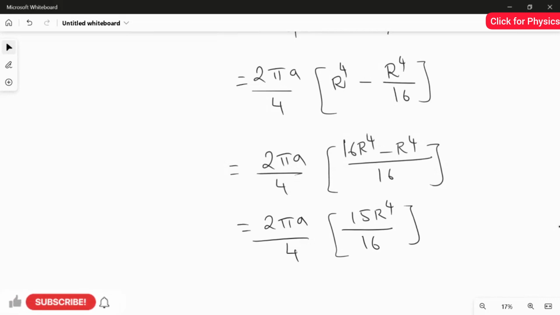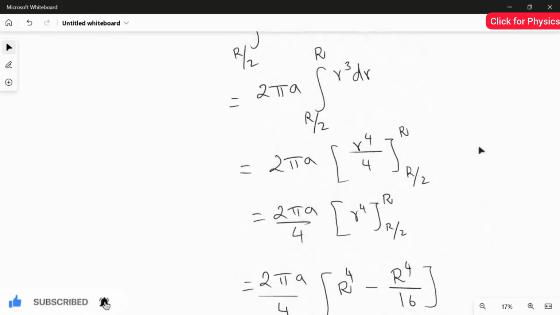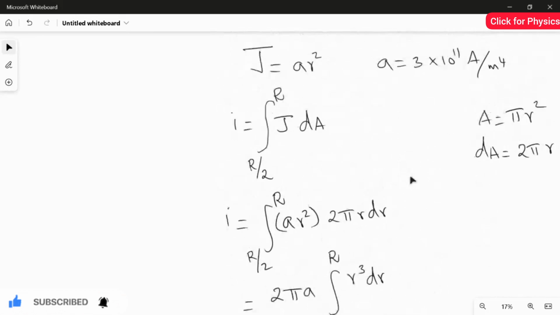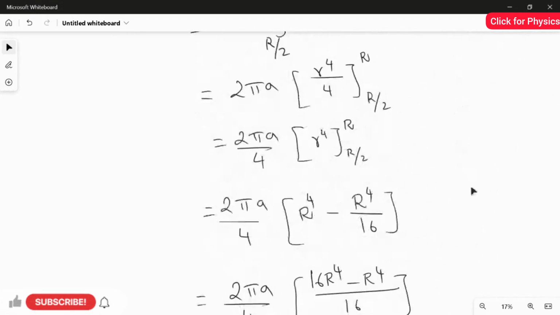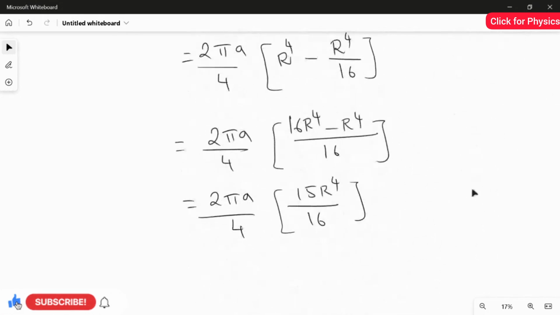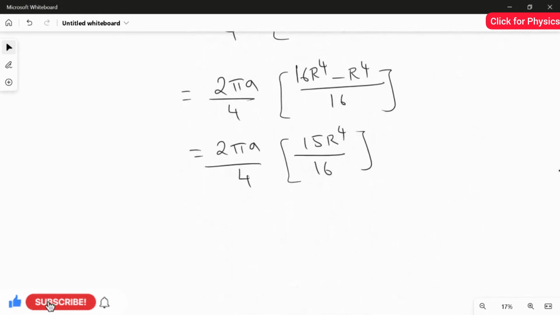Now we are going to substitute the value for A as well as R, because the R value is already mentioned as 2 millimeters. But what is the value of A? Let's go back and see the value of A, which is 3 multiplied by 10 power 11. I'm going to substitute that value here. 2 pi multiplied by 3 multiplied by 10 power 11 for the A value, divided by 4.